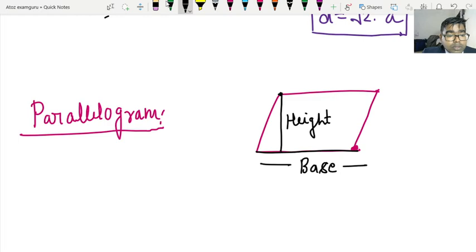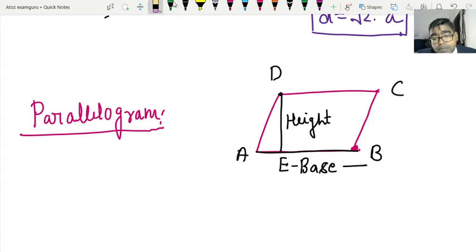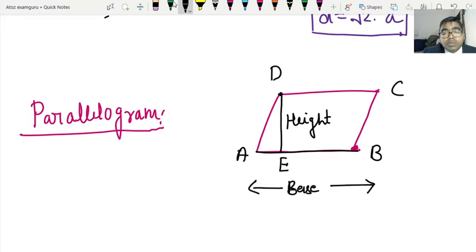Nomenclature A, B, C, D. So in this case, what is the area of the parallelogram?